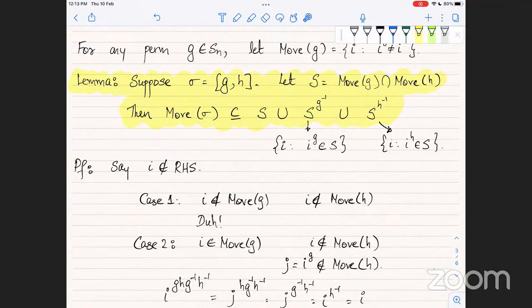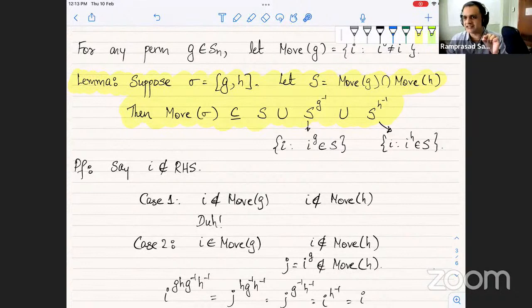Then the commutator looks like G inverse G, and it doesn't move anything. So all we are saying is that if something is moved, it is present on the right hand side. But I'm not claiming that everything on the right hand side might be moved by sigma. Did that answer your question?